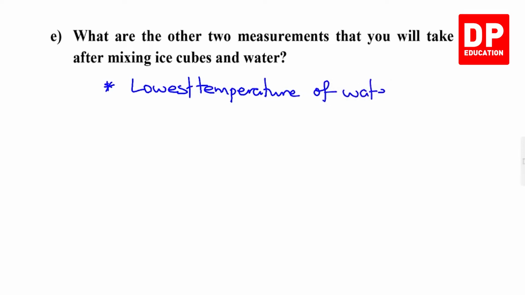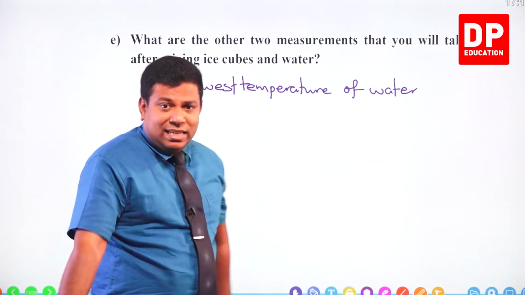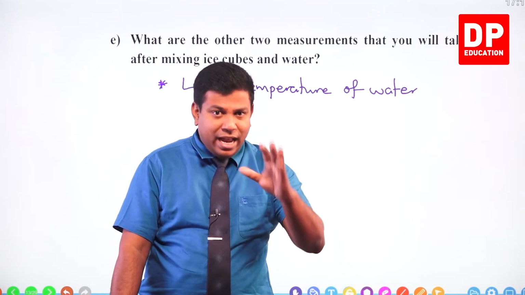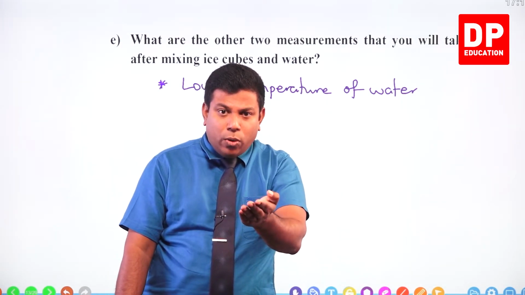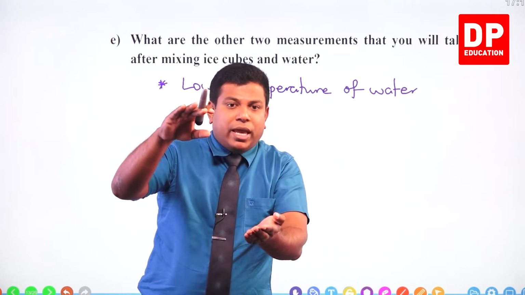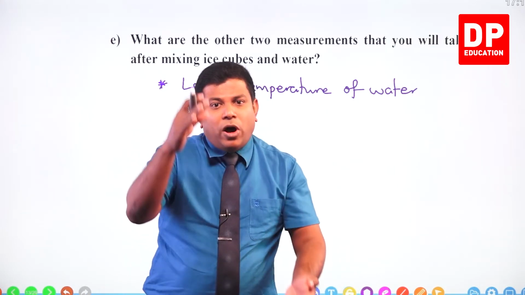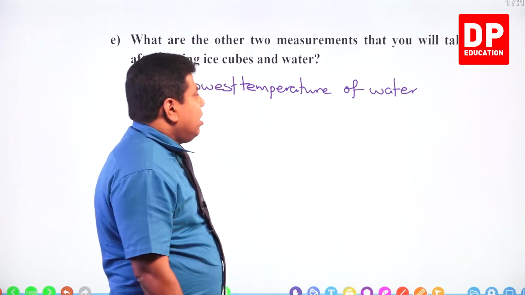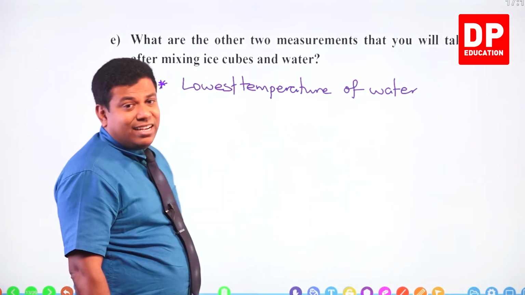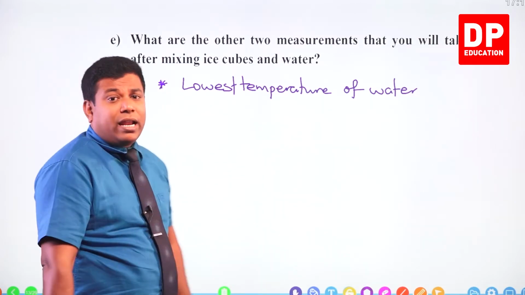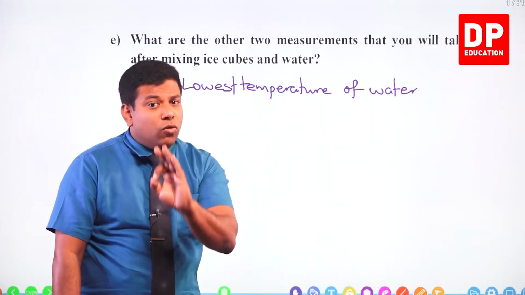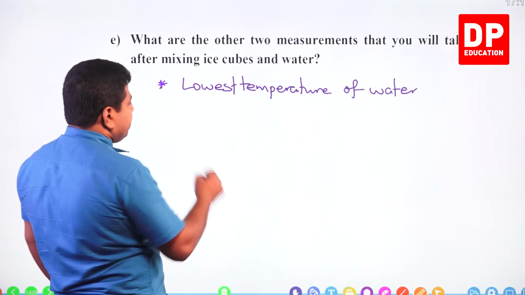After you stop adding ice, you still have to keep stirring it and monitor the temperature. The temperature might further go down. After a point, it will start picking up. So the lowest point is what you call the end temperature. That has to be taken. Unless you say lowest, you may not get marks.